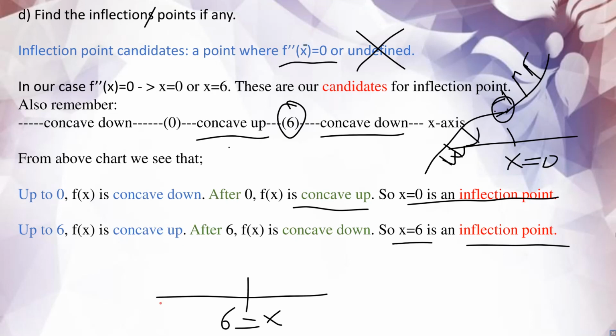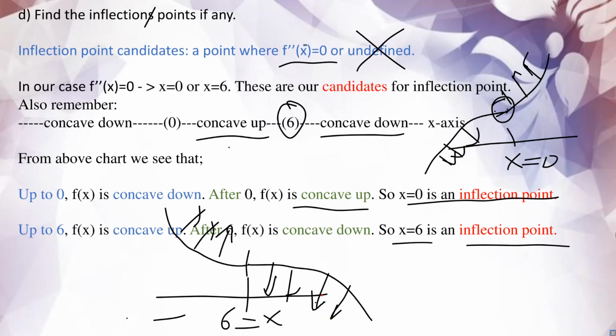Maybe it looks like this. But after 6, it is concave down. You see? Up to 6, it was looking upwards, but after 6, it started looking downwards. So this point is an inflection point.